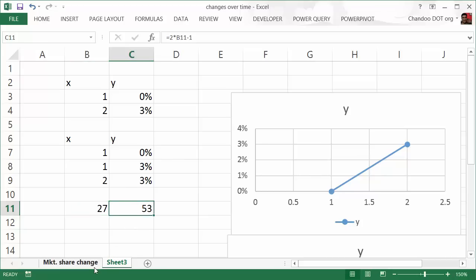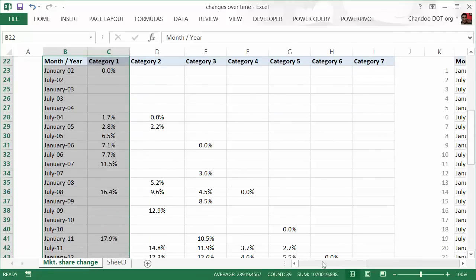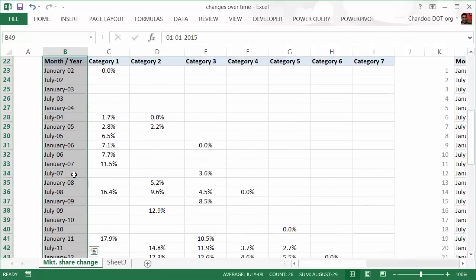So what I have done is I took my original data, and we notice that there are 27 months of data here. I selected the label as well, so you could see 28 minus 1 because the label is selected, so 27.